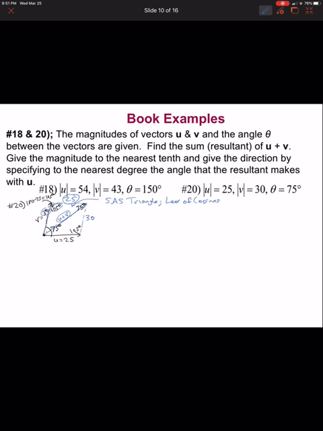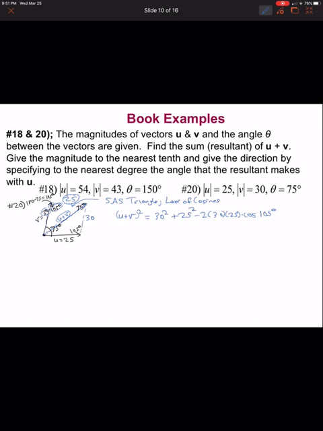There are two types. And again, to find u plus v, we pick that side. We know u plus v squared equals the sum of squares of the other two sides, which are 30 units and 25 units each. So the squares of both of those, minus twice their product, 2 times 30 times 25, times the cosine of the angle opposite, which is 105 degrees.